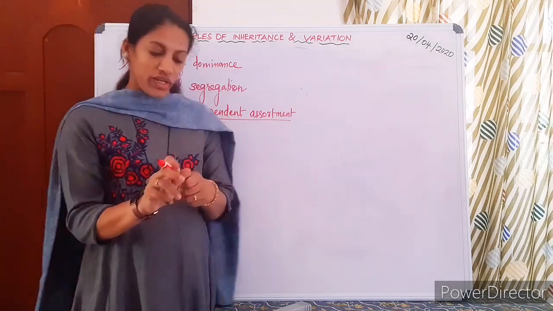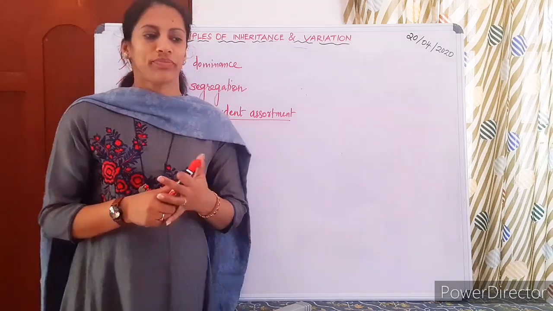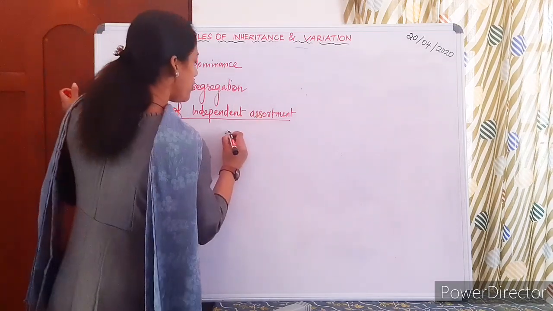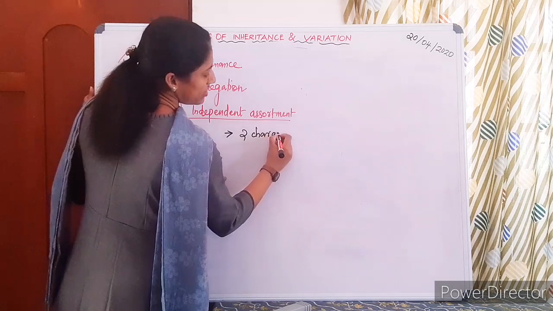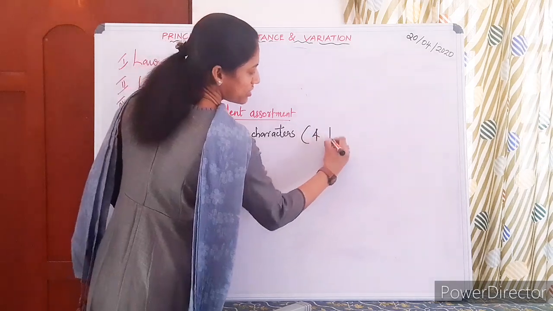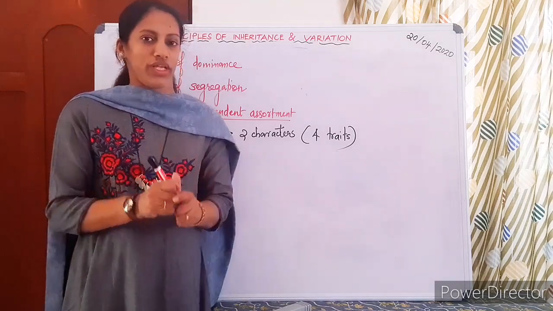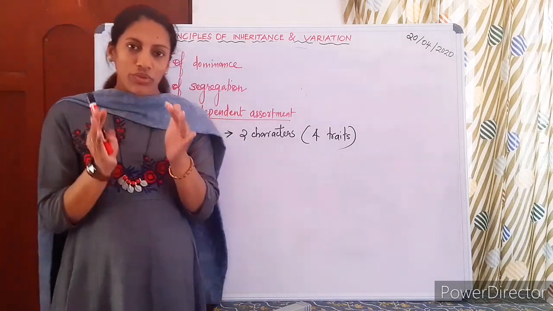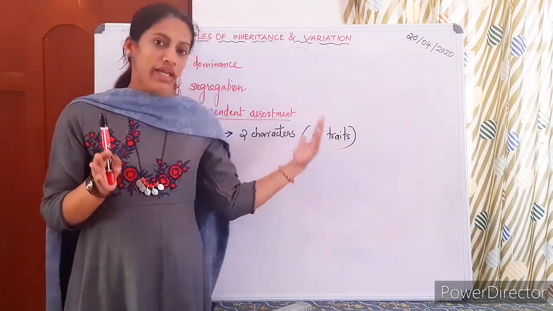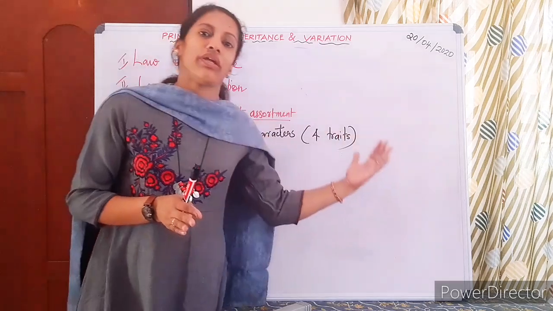What does the law of independent assortment say? It says that in a dihybrid, that means when two characters are taken together, two characters meaning four traits combined, the assortment of one character is independent of the other.